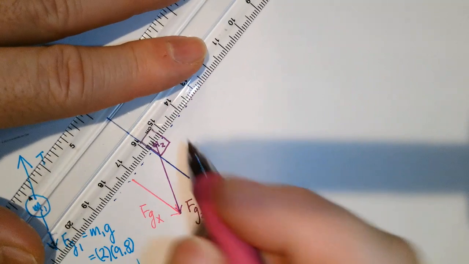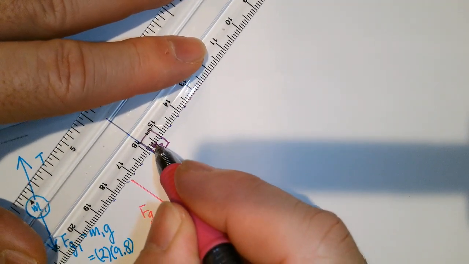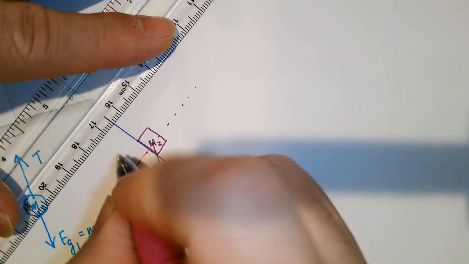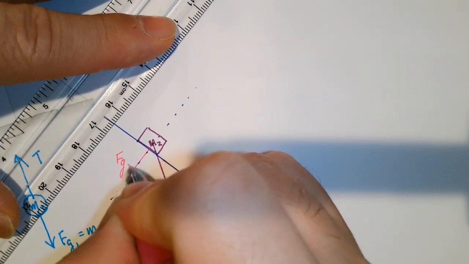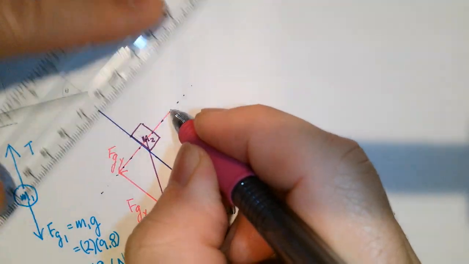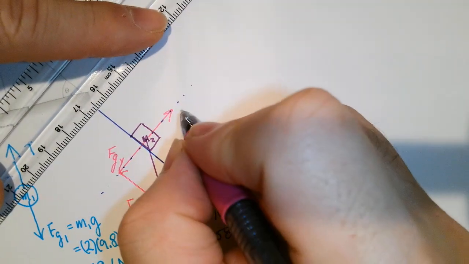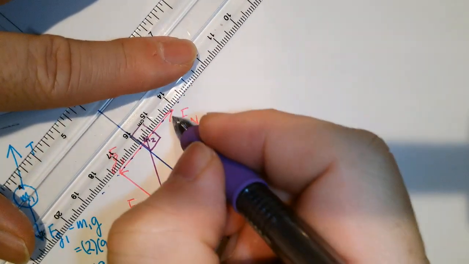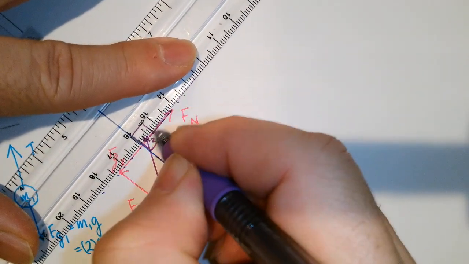And then FGY is this. This is the FGY. And this is your F normal. Maybe I should have done my F normal in purple. This is your F normal.